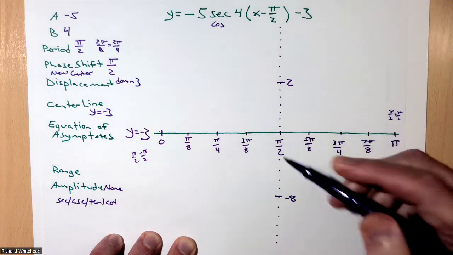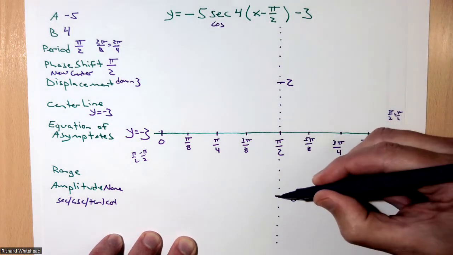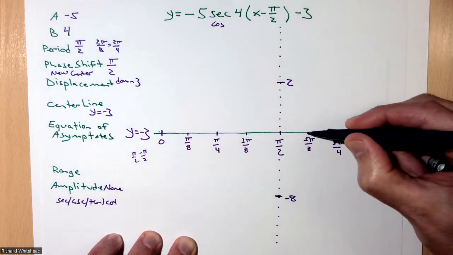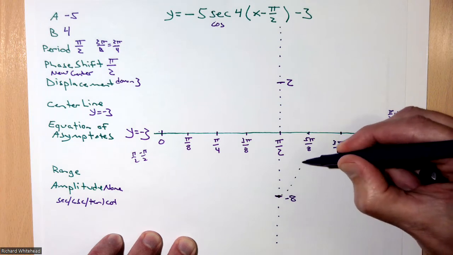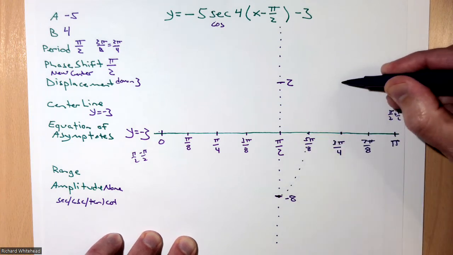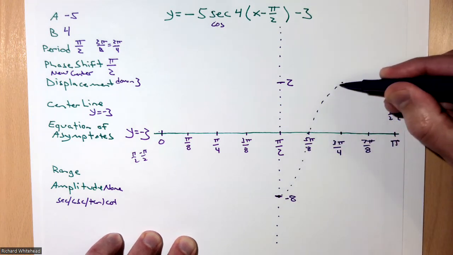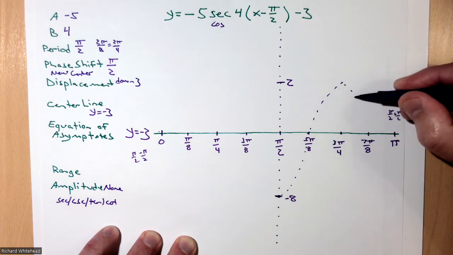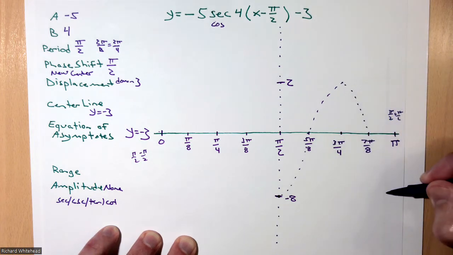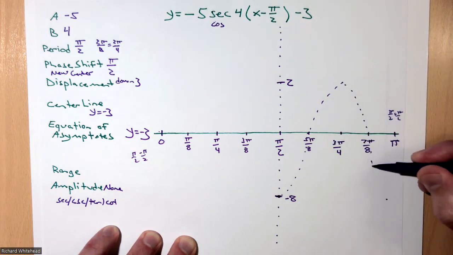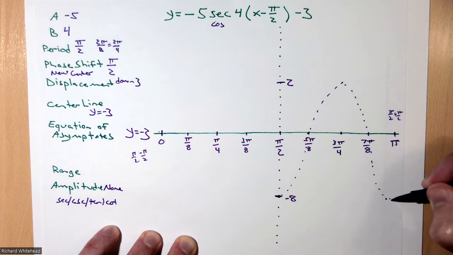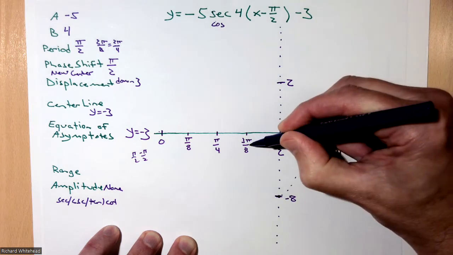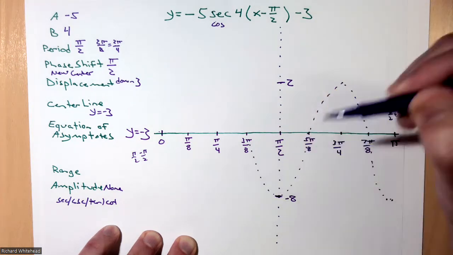Negative cosine starts at the min. So my first point is going to be right here at the min. Then it's going to go to the center, then up to the max, back to the center, and then back to the min. So over here, we go the other way.